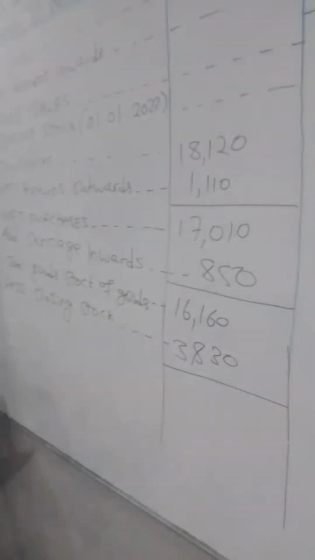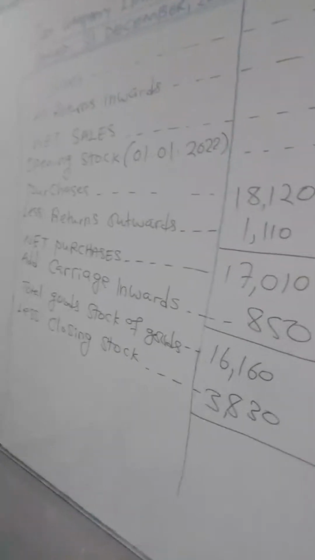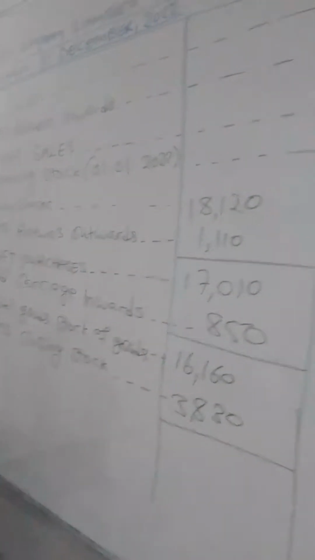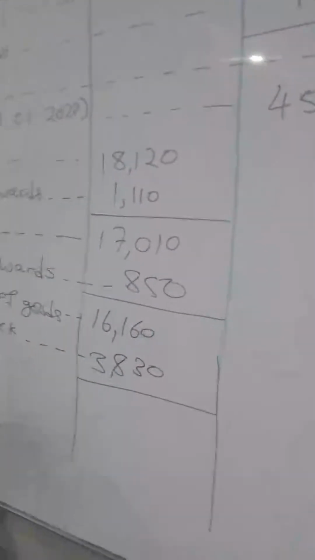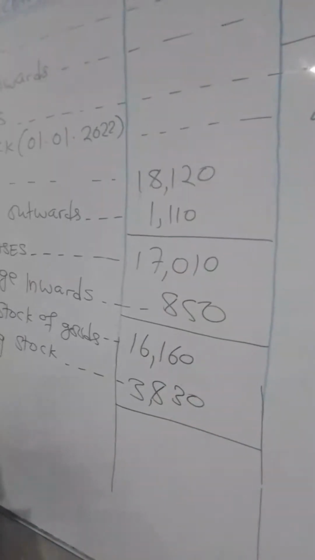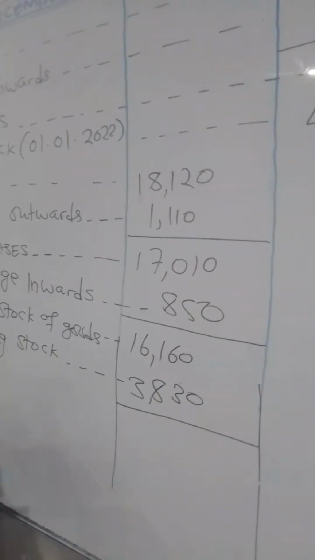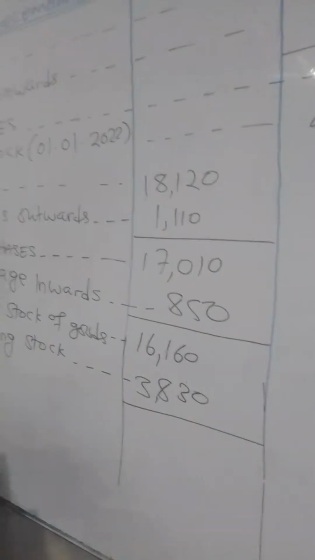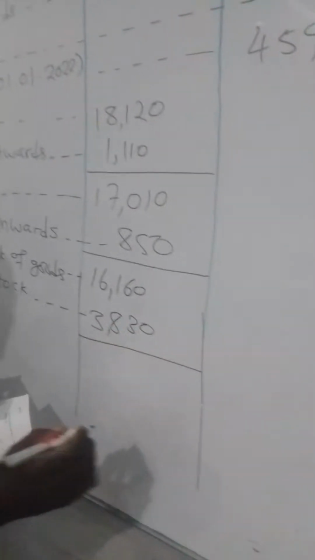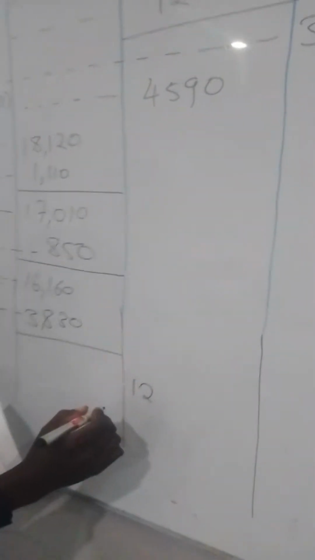Okay. So let's now do 16,160 minus 3,830, and this is going to give us now 12,330.